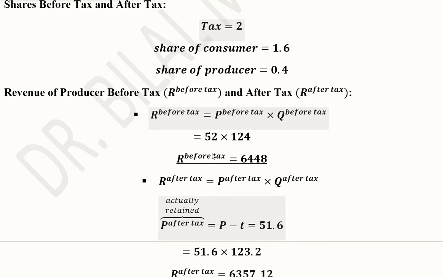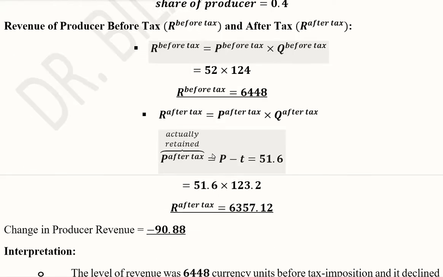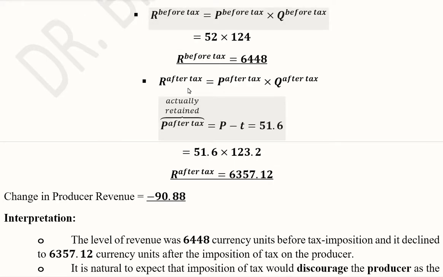Multiplying them, we get the revenue before tax. Now we come to the after tax situation, where price after tax and output after tax should be multiplied. And before we do that, we need to focus on the price, because it can get a little tricky, as the price that the producer is actually retaining is what matters.